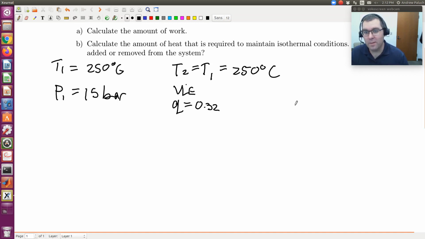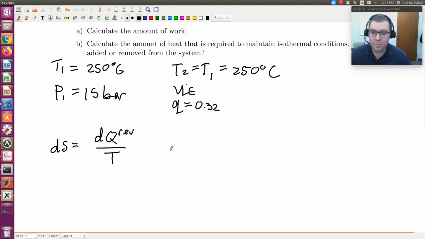Our definition of entropy is that dS is equal to dQ reversible over T. Now, we're told we have a reversible isothermal process. So what I should have then is, I'm going to write this as T dS is equal to dQ reversible.